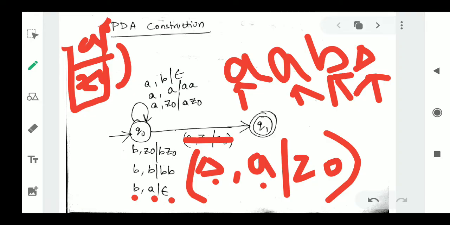We will just go to the final state Q1 with the input symbol Z0 or with the input symbol A. Here we have no input symbol; we have read delta as input because the string is over. Whenever delta is encountered and the top of the stack is A, we will not perform any operation, either push or pop. We will just go to the final state Q1. This is how we are going to perform.